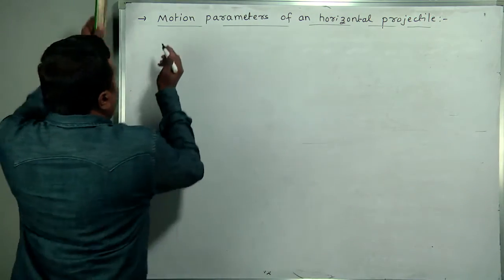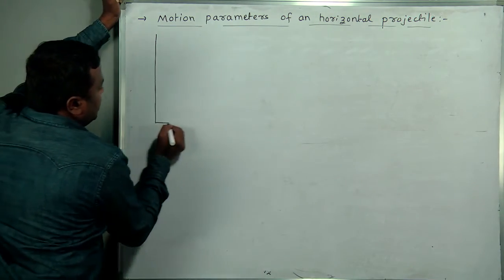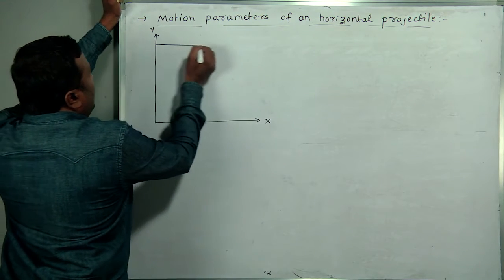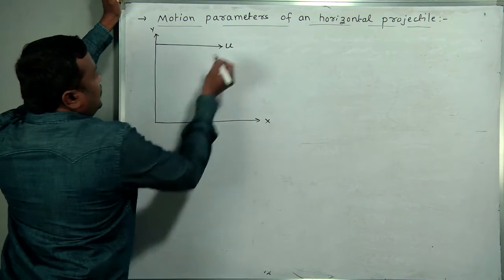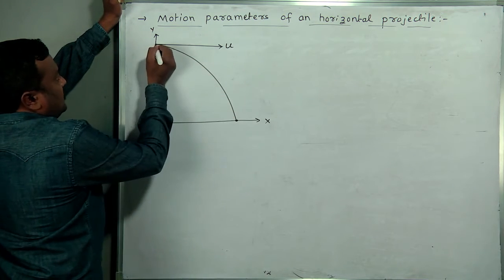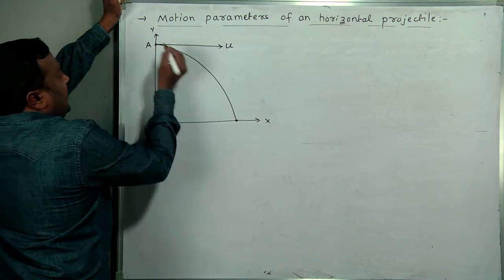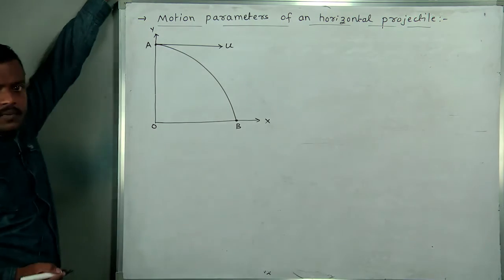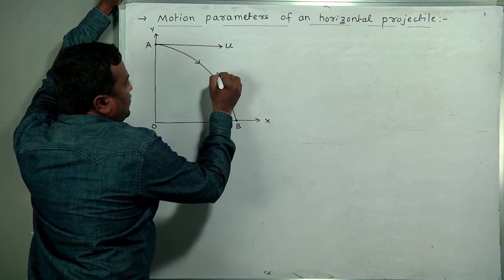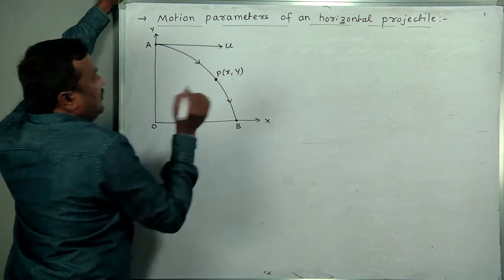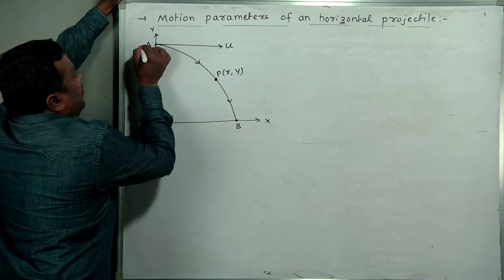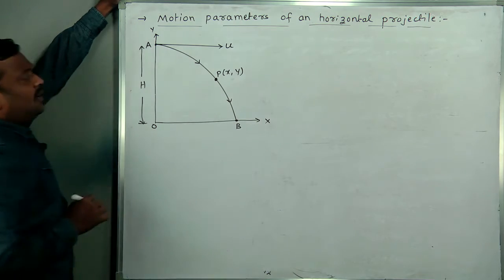But in this motion parameters related, you see, this is a two-dimensional coordinate system, x comma y. One projectile is projected with an initial velocity u, and it started like this and falls on this ground. This one O, this one A, this one B. Got it? In its journey at anywhere you consider P is one of the points with coordinates x comma y. This height you consider as h, height of the body from the ground.